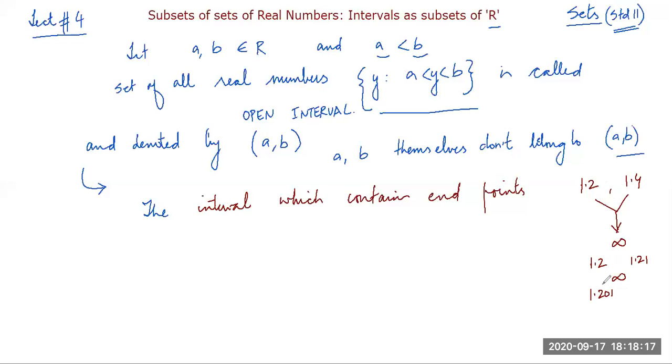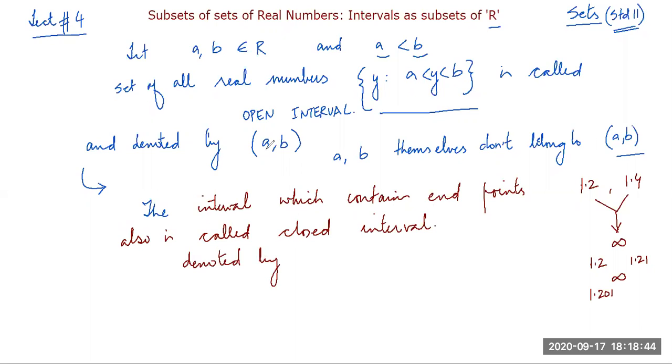So guys, the interval which contains the endpoints also, this interval is also a subset, and it's called a closed interval. How do we represent it? It is denoted by, instead of these open braces, we have these brackets.